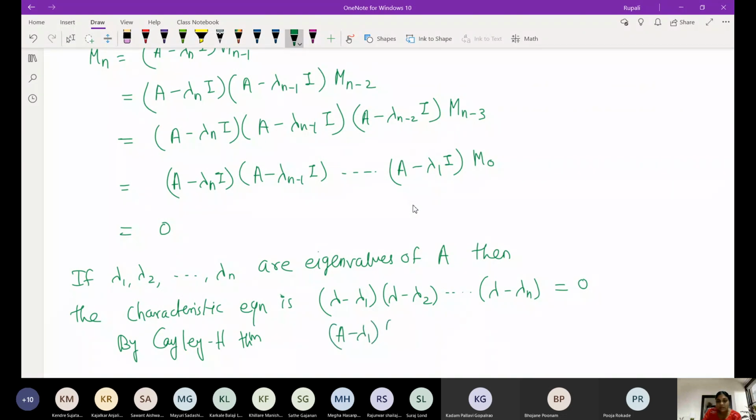So (A minus lambda 1 I)(A minus lambda 2 I) up to (A minus lambda n I) equals 0, and this 0 is the zero matrix, an n by n matrix. Is that right?